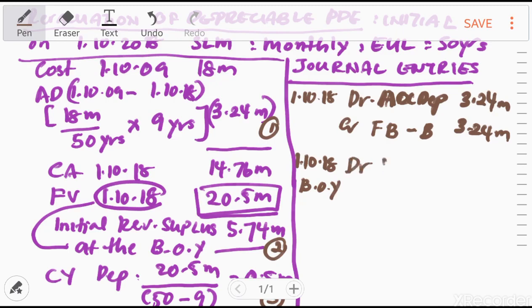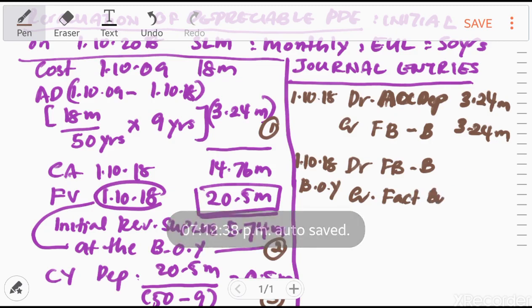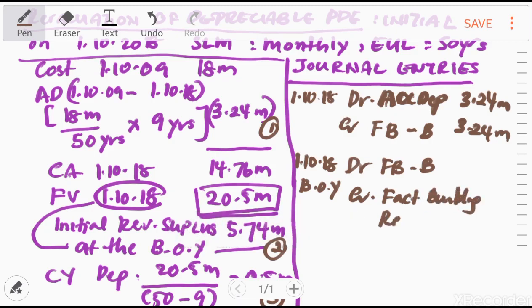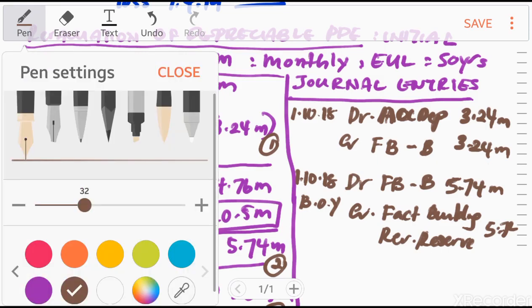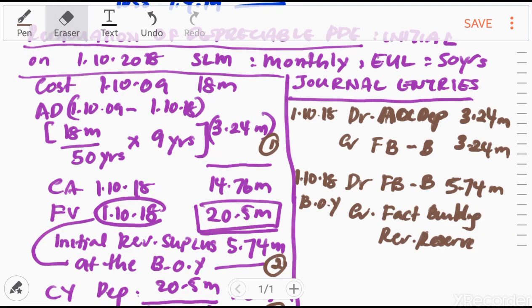It was having a surplus, so debit factory building B, credit factory building revaluation reserve, or the ARR, 5.74 million.